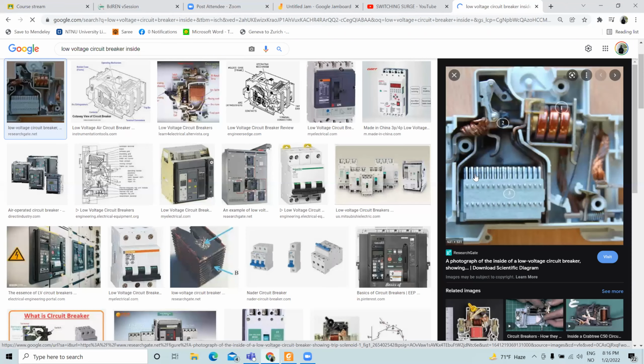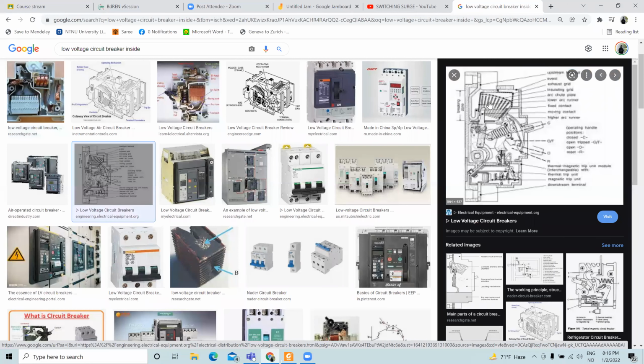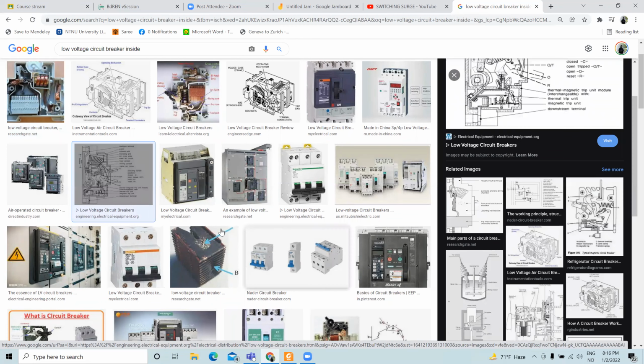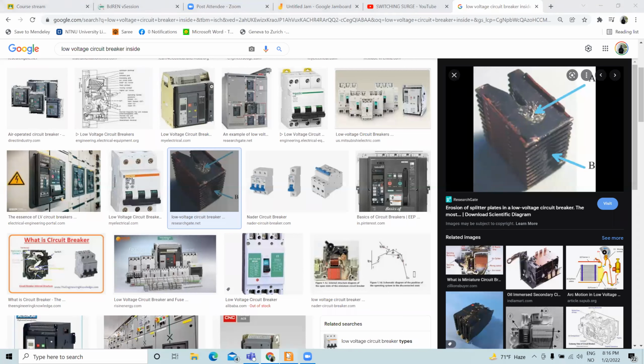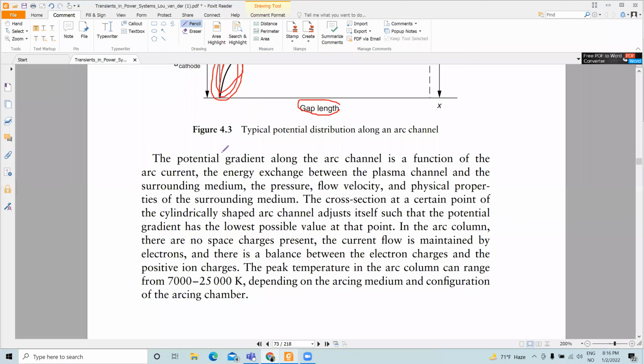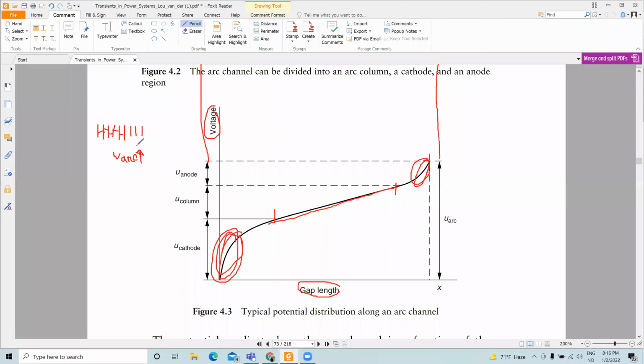So the arc actually burns inside the slit here. As you can see, there are many parallel slits, and the arc actually burns inside the slit like this. Within each plate, you have a fixed amount of voltage drop, and as these are connected in series, the arc burns connected in series, resulting in a high arc voltage, which helps in interrupting the current.